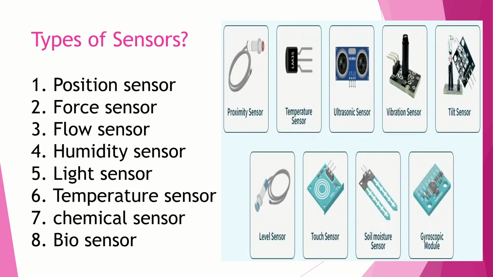Next one is radiation sensors. Radiation sensor detects radiation in the environment. Radiation can be sensed by ionization detection. For example, Geiger-Müller counter. And the next one is occupancy and motion sensor.